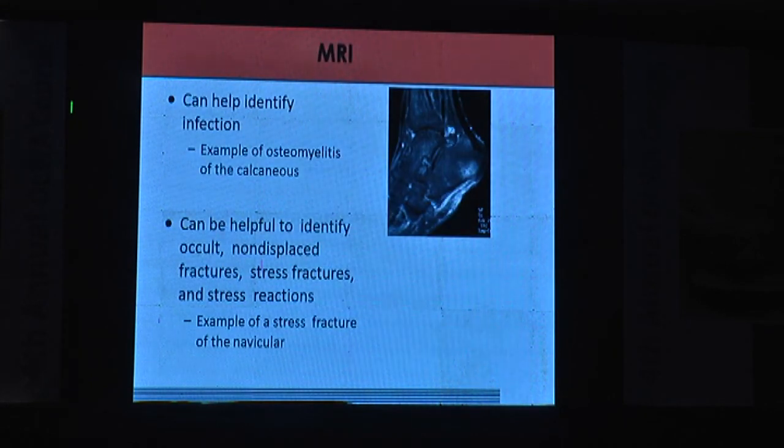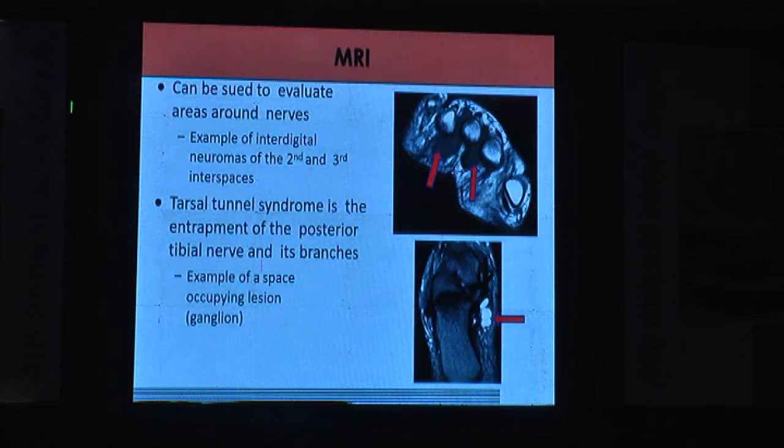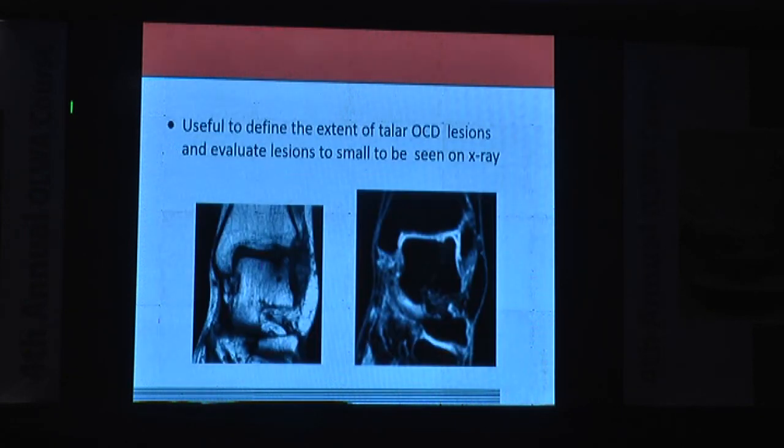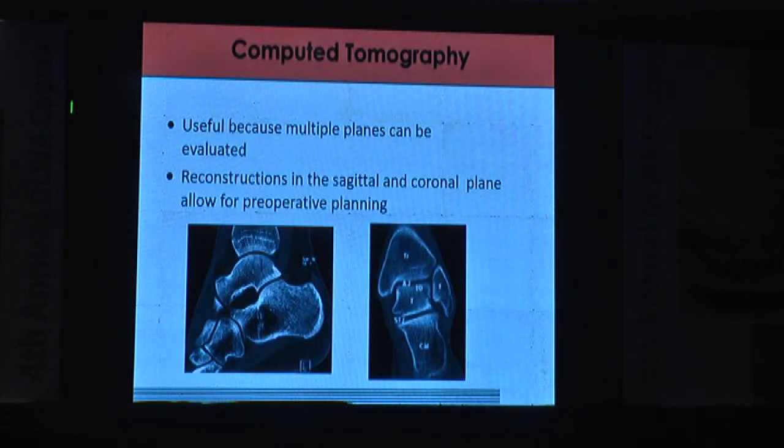It is a complete tear. Other indications of MRI would be stress fractures, osteomyelitis, and Morton's neuroma, especially the tarsal tunnel. There is a space occupying lesion, a ganglion cyst, and these are the big Morton's neuroma. OCD talus is another indication which will define the size, and then finally the CT.